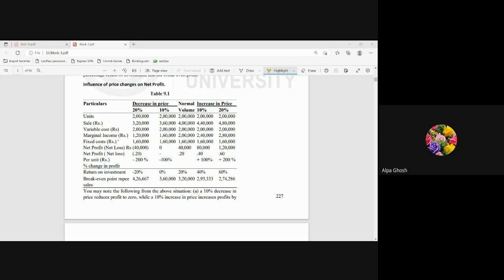If the variance is just because of the economic crisis, we need to report it to the management. The basic idea of preparing this budget is to find out whether it is really due to inflation, economic crisis, recession, or some other reasons, such as wastages.